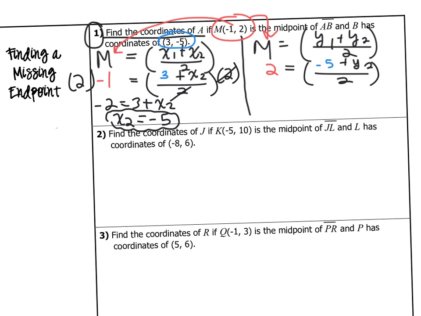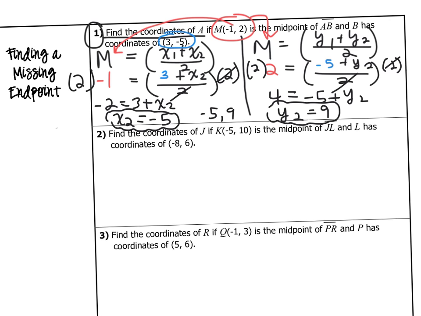On the other side, I can also multiply by 2. I get 4 is equal to negative 5 plus y sub 2. So when I solve this equation, y sub 2 is equal to 9, which means that my coordinate that I'm looking for is going to be negative 5 comma 9. So that is the answer to number 1.